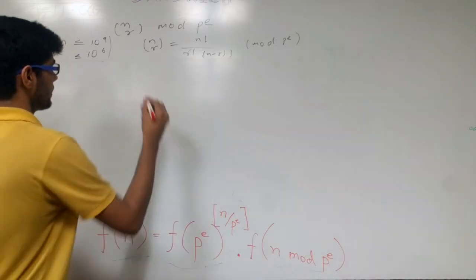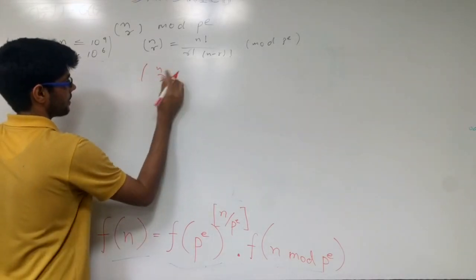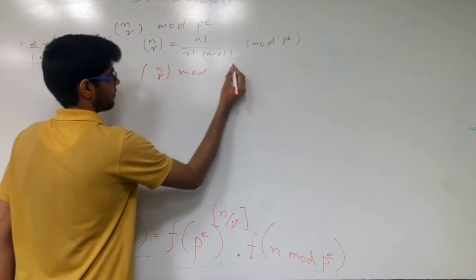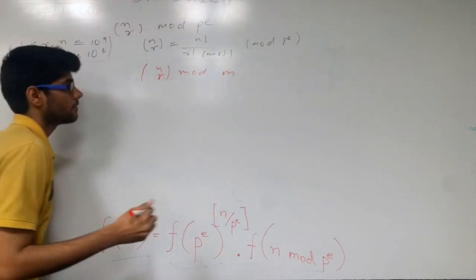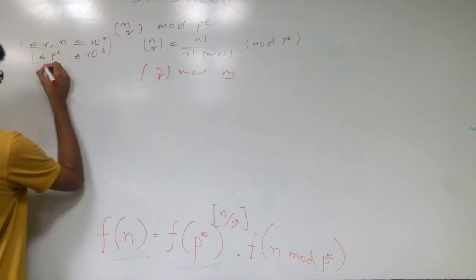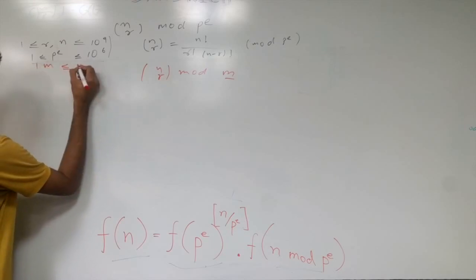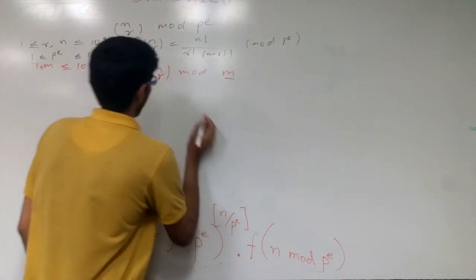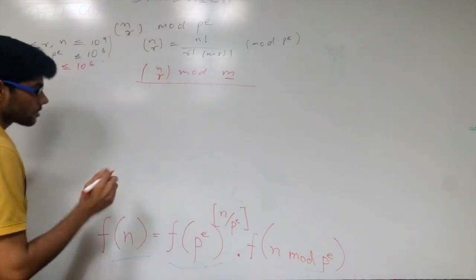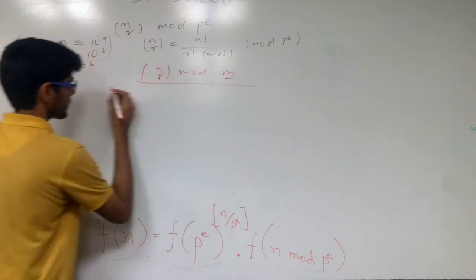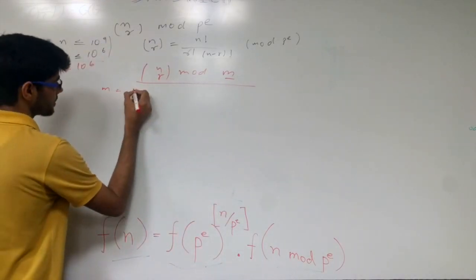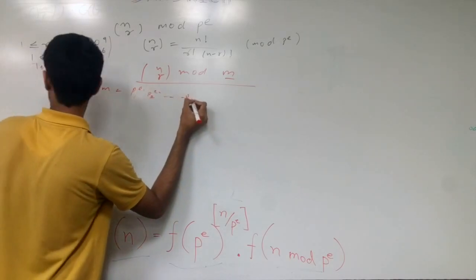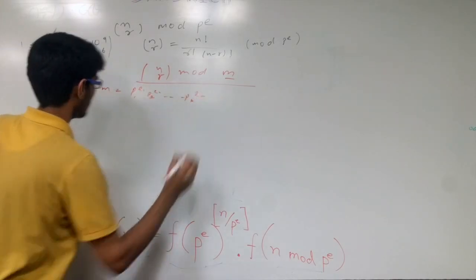So how do we find NCR mod m, where m is less than or equal to 10 to the 6? First of all we can prime factorize m, say it is equal to p1 to the e1, p2 to the e2, up to pk to the ek.